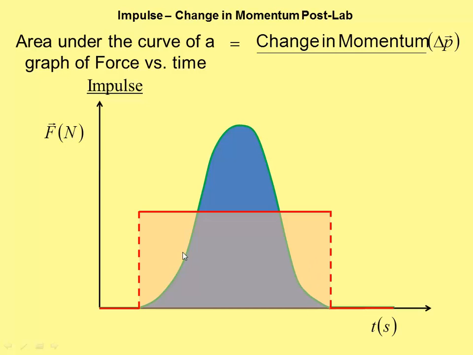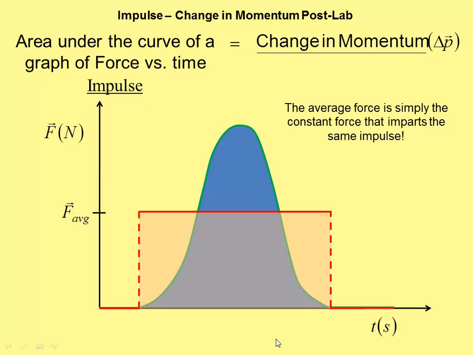Notice this little piece and this little piece basically fill in this blue piece up here, right? So the areas are the same. Well, what force would do that? What force could we use as a constant that would impart the same amount of impulse? Well, simply, it's the average force. If we add up all the different forces we had and take the average over the same amount of time, we'll get the exact same amount of impulse. So the average force here is simply the constant force that imparts the same impulse.